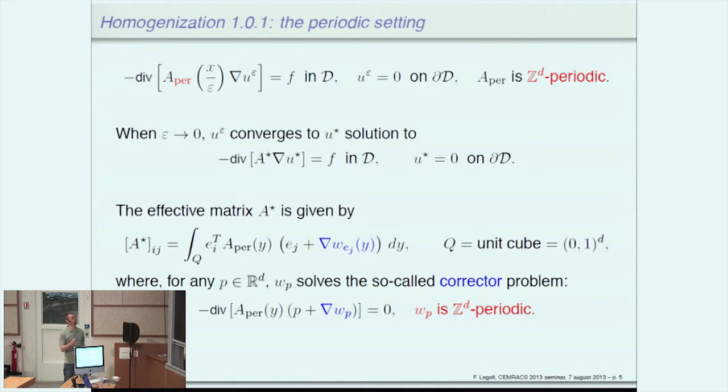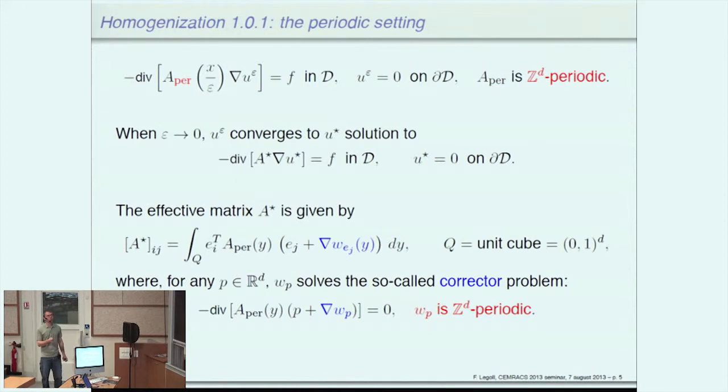I went from a highly oscillatory coefficient to a constant coefficient. If I had to use finite elements to solve the original equation, I would use a mesh of the size of epsilon, the fibers. It would be extremely expensive. Here it's extremely cheap because A star is constant, so I can use any method with limited cost. This will provide me with a good approximation.